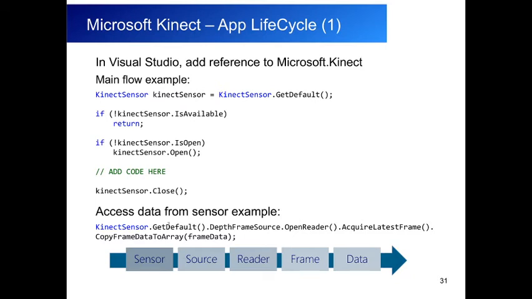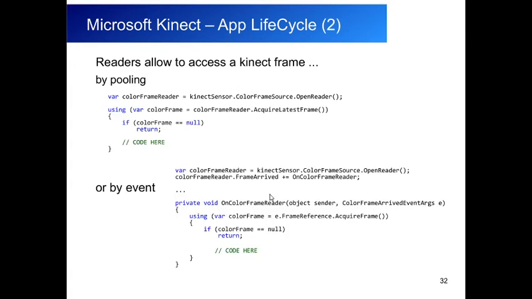Okay, so here is an example of what you can do to read and access data from the sensors. The application lifecycle here is that all the readers can access a Kinect by polling. So you open a reader and you read the latest frame, or you can also track events.